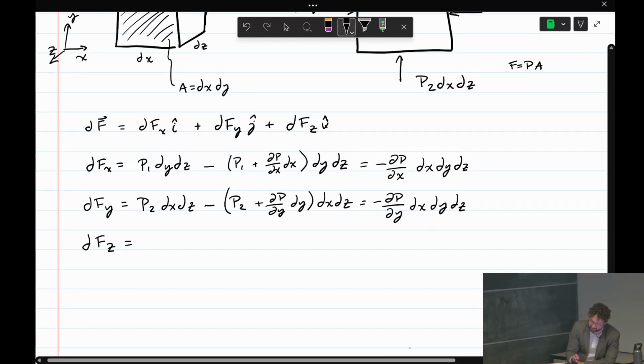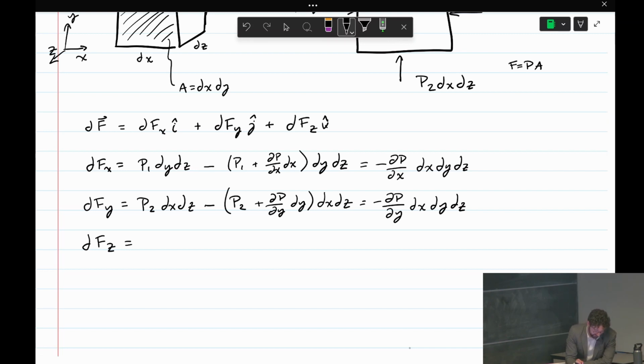I didn't draw the z direction forces, but I'll just leave those details out because you can see clearly now. It's negative partial p by partial z dx dy dz.